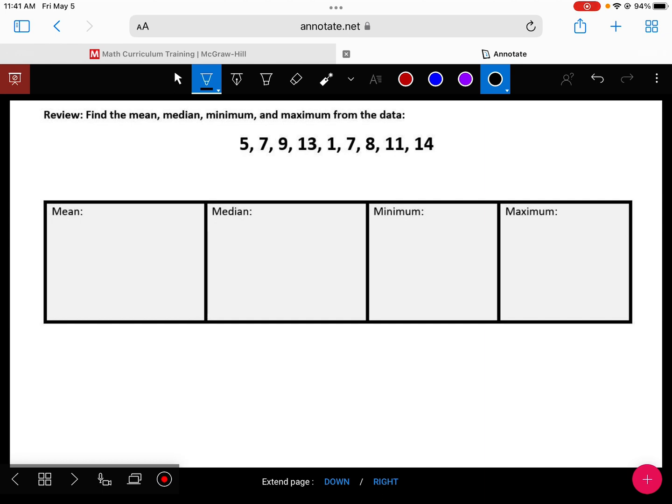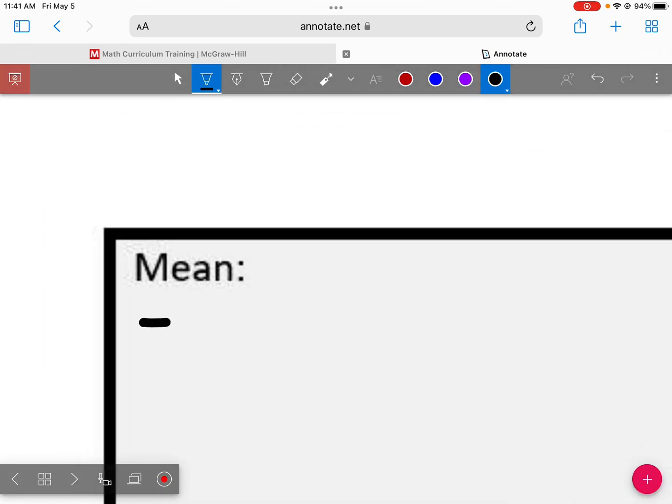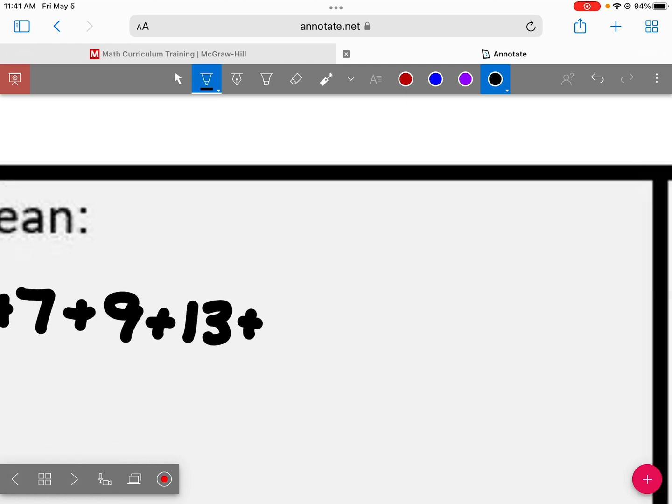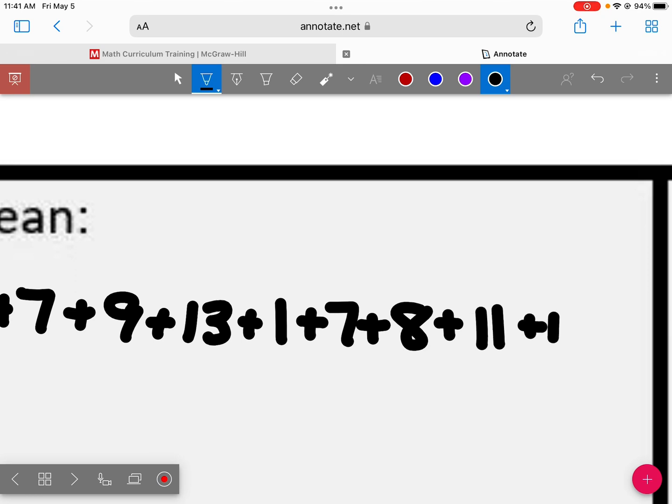What are we getting for the mean? 8.33333333333. Yes. So for the mean, we take 5 plus 7 plus 9 plus 13 plus 1 plus 7 plus 8 plus 11 plus 14.